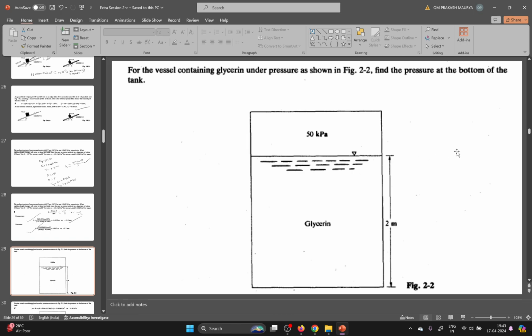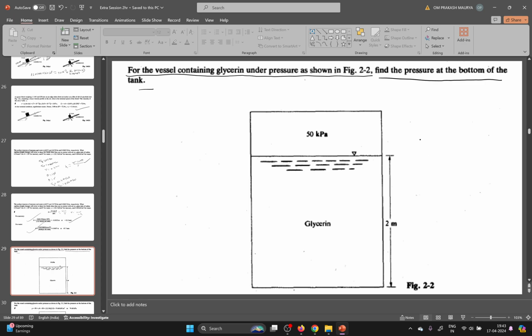Now the basic question is from hydrostatics. The first chapter we have finished, and the very classical question we have solved, how you will form the equation for the parabola. Now the question is for a vessel containing glycerine under pressure as shown in figure 2.2, to find the pressure at the bottom of the tank.